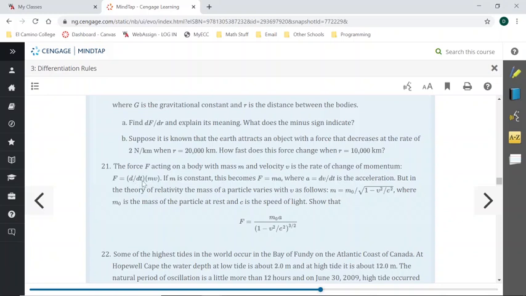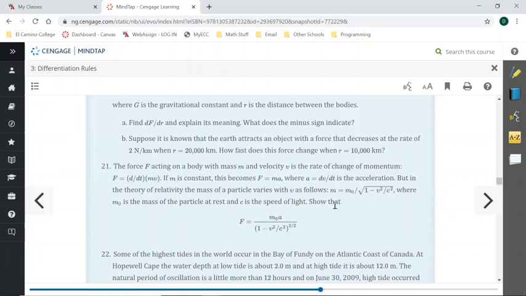So if we go back to this formula here, if force is the time rate of change of momentum, then according to the theory of relativity, this derivative would require the use of the product rule, because now both mass and velocity are functions of time. We are no longer dealing with a constant mass.